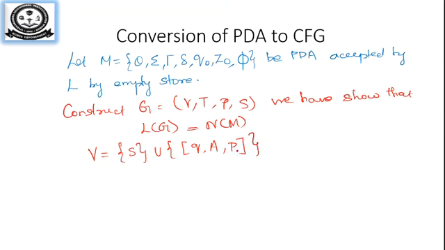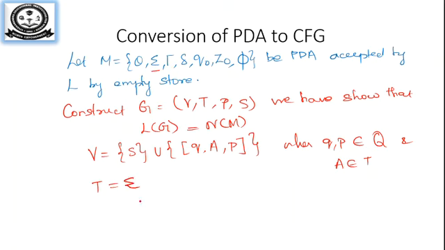So this is a triplet where Q and P belong to the set of states in the PDA, and A belongs to the terminal symbols. So A will be a terminal symbol, which is nothing but the set of terminal symbols of the PDA.